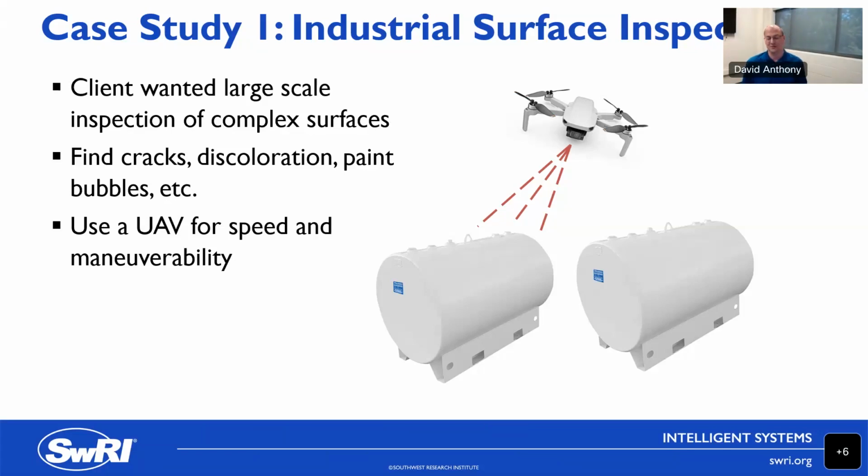And they wanted to do a pretty standard industrial inspection, which was to find things like, are the tanks cracking? Are they fatiguing and breaking? Are they discolored, which could indicate that something is leaking or even lightning strikes? Are there paint bubbles on the surface of these tanks, which could mean that they're starting to degrade and need to be repainted?